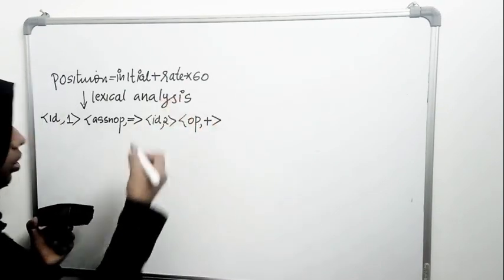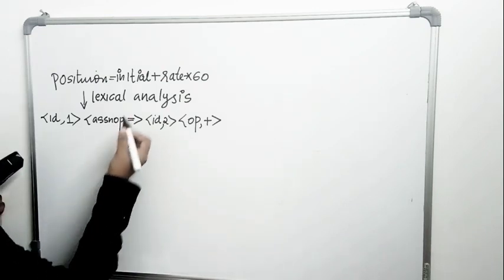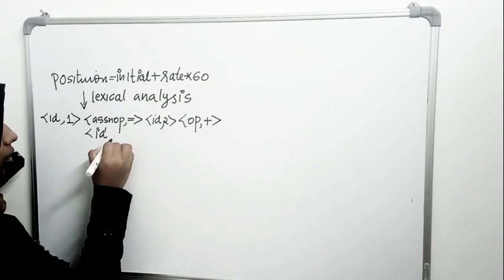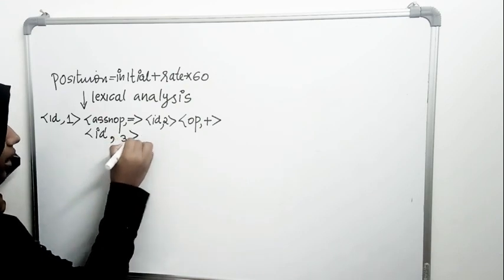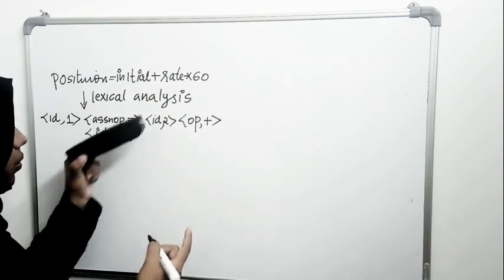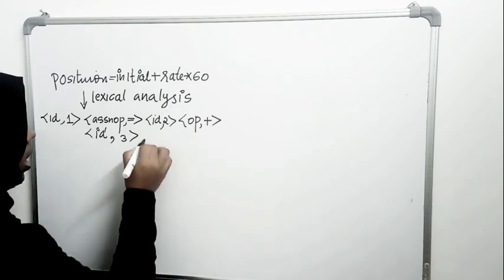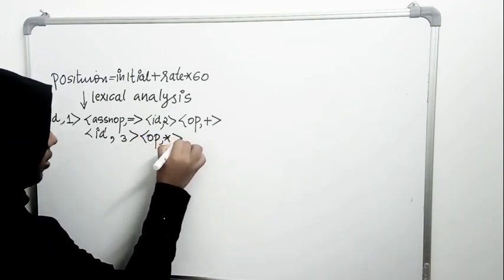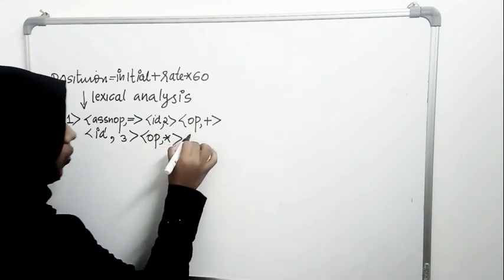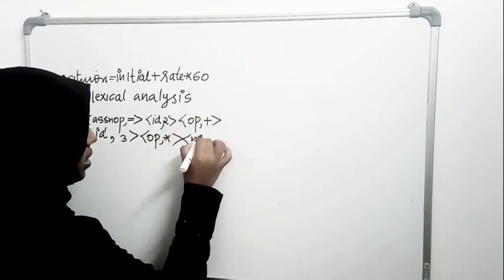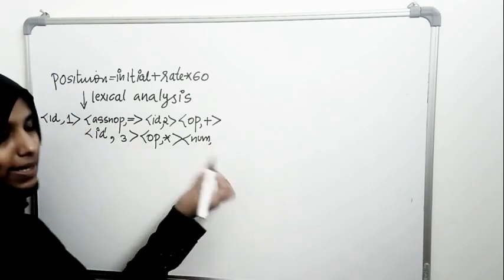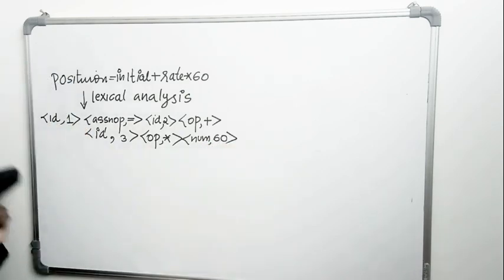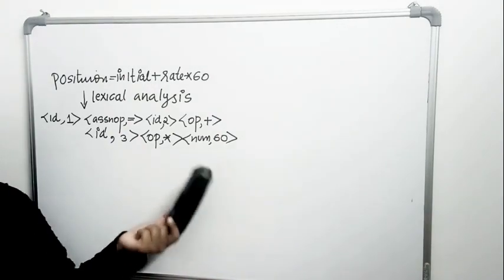Now again rate is an identifier, so ID, comma 3. Assume that rate is present in the third row of the symbol table. Now star is an operator, so op, comma star. Now you know that 60 is a number, so num, comma 60. Num is the token returned and 60 is its value.